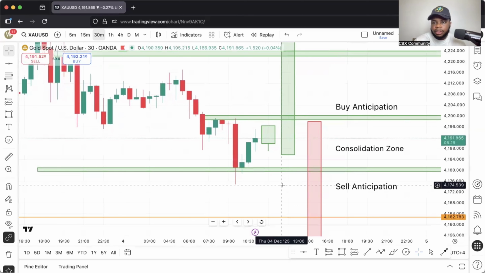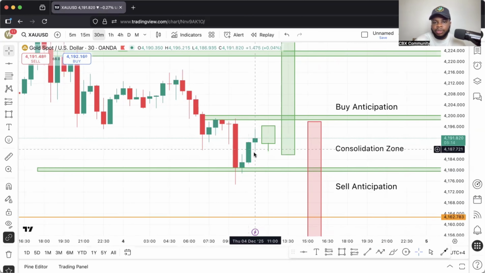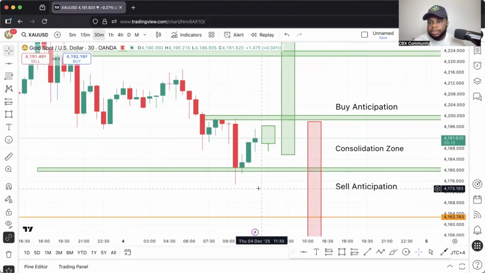Let's see. This 30 minutes candle is left with 5 minutes before it closes. So let's be patient.